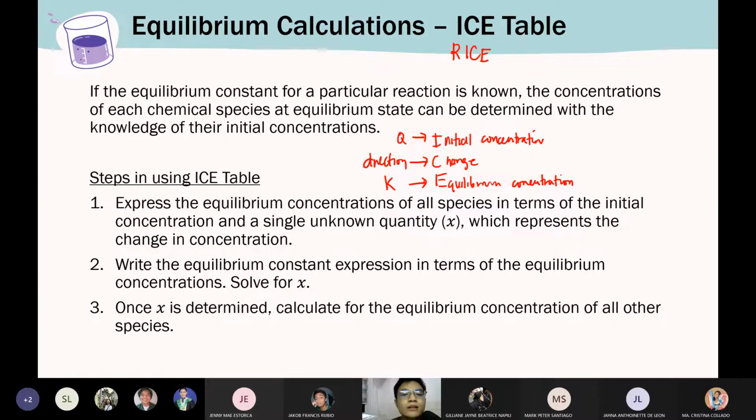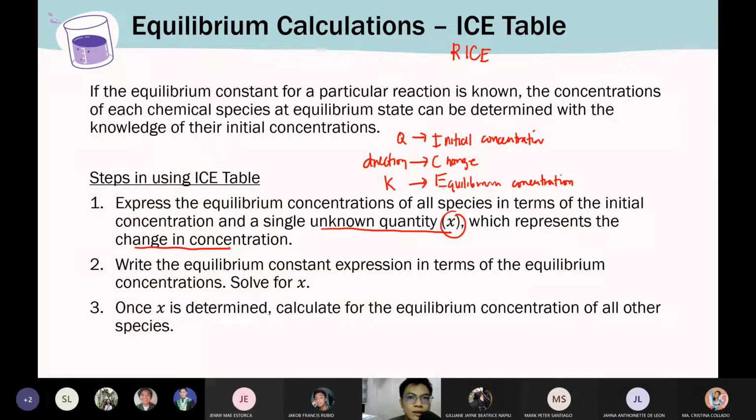So, ano gagawin natin dito? Gagawa ka lang ng table. You write down all initial concentration. For the change, you will write an expression. Gagawa ka ng unknown quantity, X. Itong unknown quantity na to, it represents the change in the concentration.